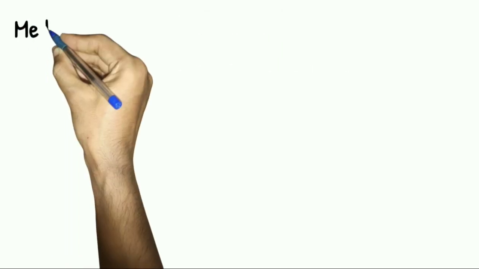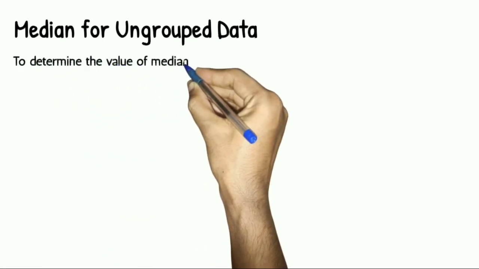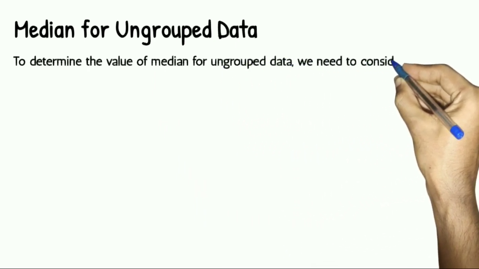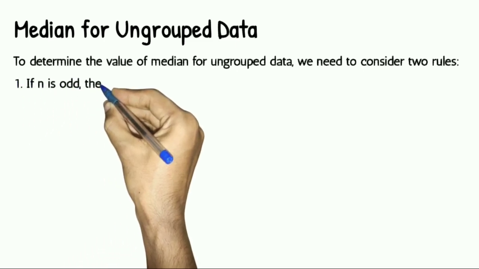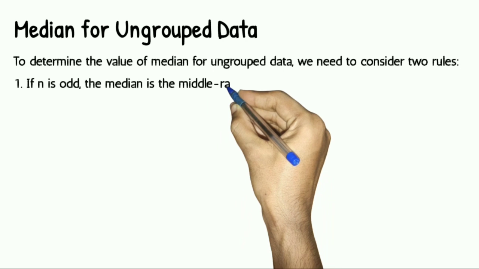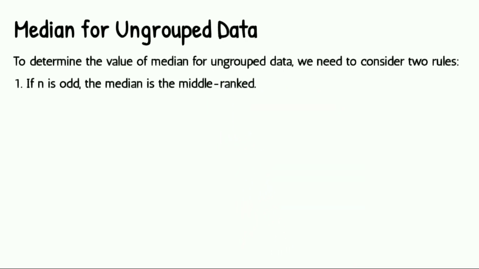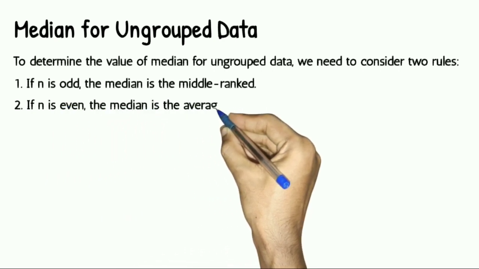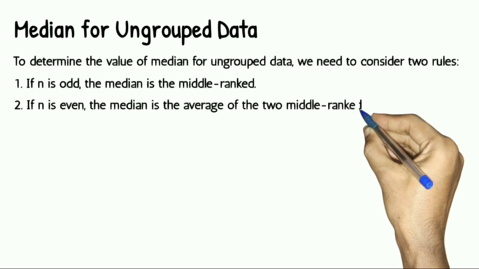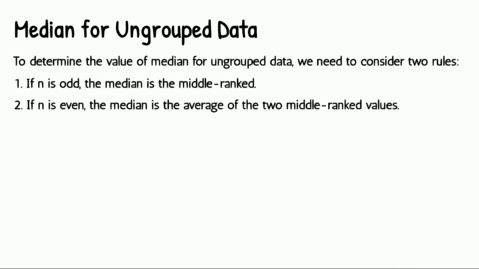In order to know the median for ungrouped data, we will have two rules to follow. First rule is, if n is odd, the median is the middle rank. Rule number two, if n is even, then the median is the average of the two middle ranked values. So before you compute for the median, tignan nyo muna kung ano ba yung n.